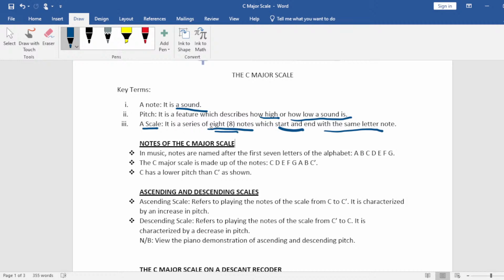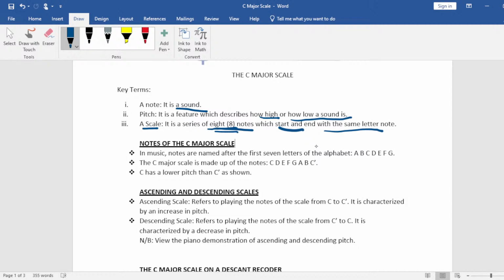So a scale will be made of quite a number of notes, and in this case, what we are looking at is the major scale, which is made up of 8 notes. And the notes will vary also depending on pitch. So as you move from one note to the other, the pitch changes. You can either go high in the pitch or go low in the pitch.